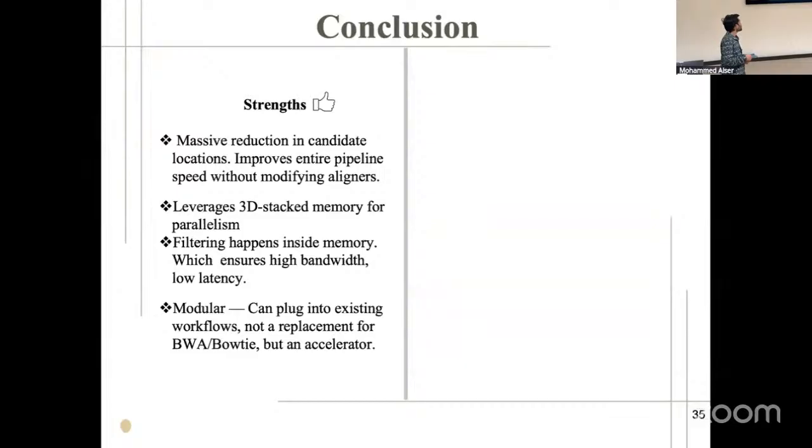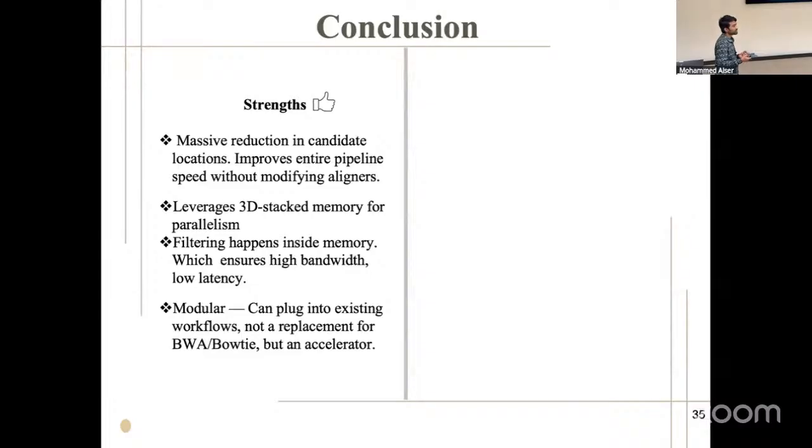Next, for the conclusion, on the strengths, I've already said that there is a massive reduction in candidate allocation, and using the 3D stack memory we have performed parallel operation, and there is also in-memory processing in the 3D stack memory, which reduces the steps and speeds up the process. And finally, the most important point is that we can call this GRIM filter a modular one.